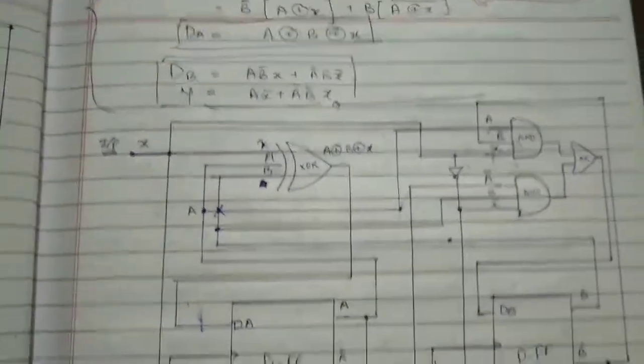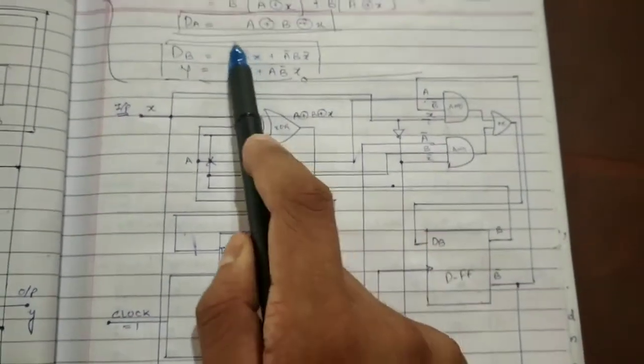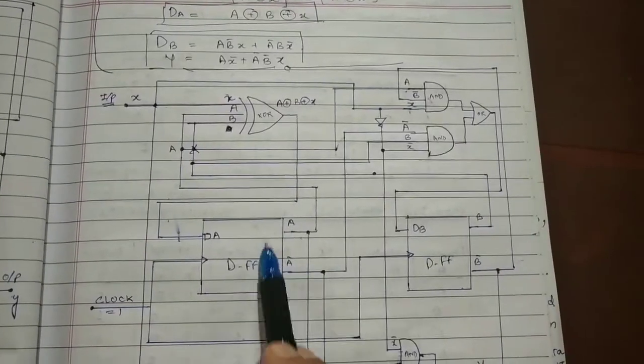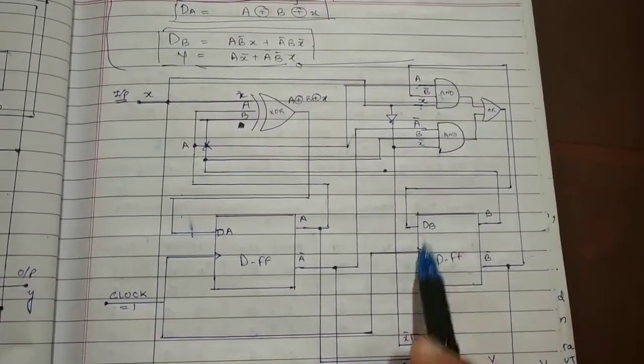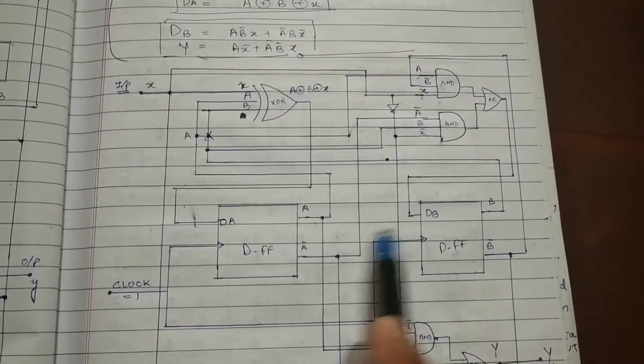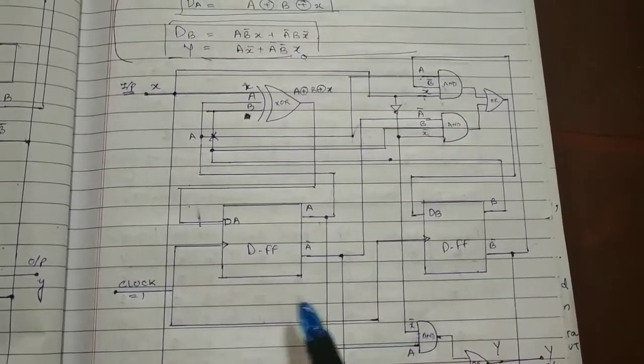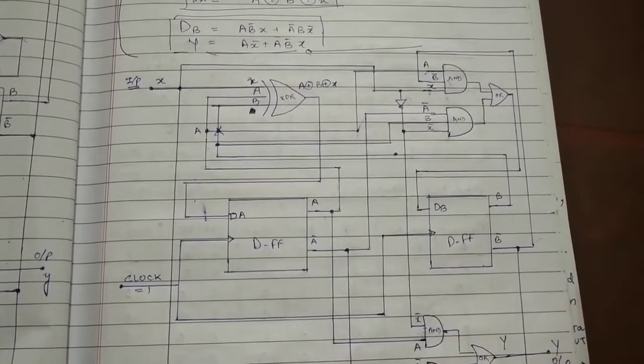Now we can easily make a logic circuit or sequential circuit from these three equations. We'll make two flip-flops, as we have two here. We have already calculated how many flip-flops we require. We require two D flip-flops here. As we know, D flip-flops have the outputs A and A bar.